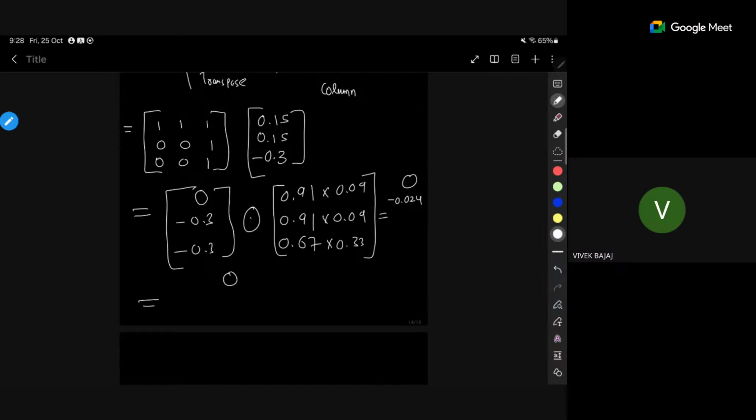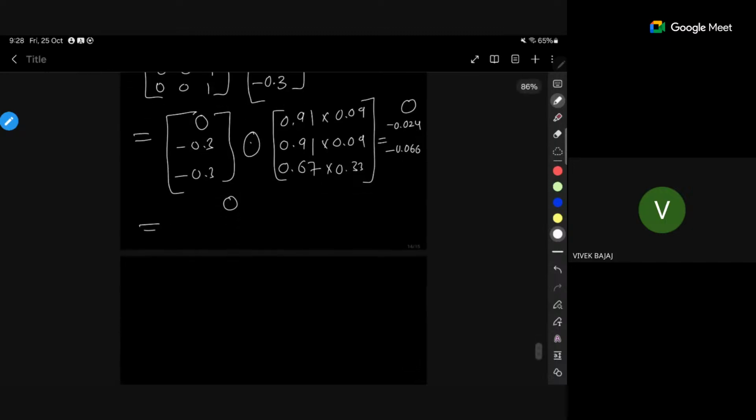What is this? 0.33 times minus 0.2, so this will be minus 0.066. Right. So this is what I got. If I write here 0, minus 0.024, minus 0.066. That's all.